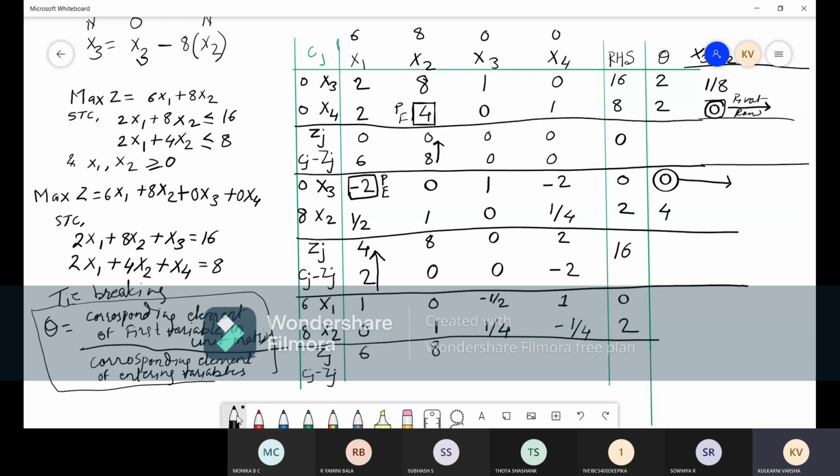So minus 3 plus 2. Guys, this value is correct? Can anybody speak out? Is 1 by 4 correct, or should it be minus 1 by 4?